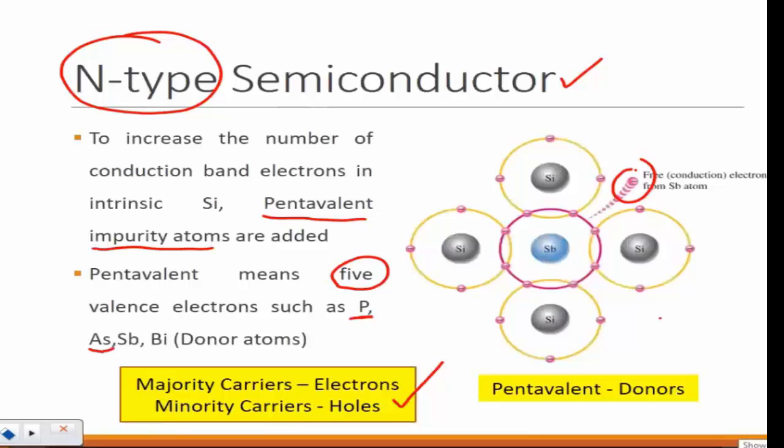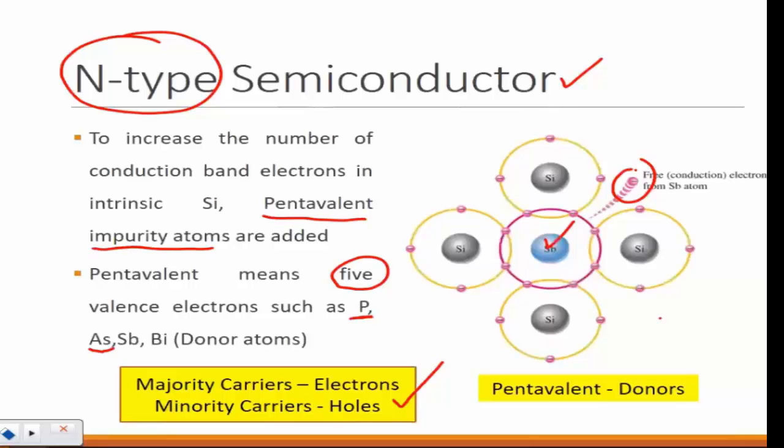So if you have silicon, all it requires is 4 outermost shell electrons. Previously we showed this with the bonding, right? Covalent bonding: 4 with the original valence plus 4 with the shared. But now this pentavalent atom has 5 electrons.